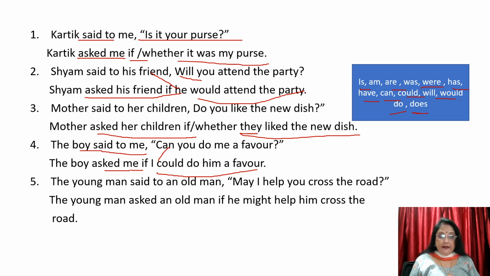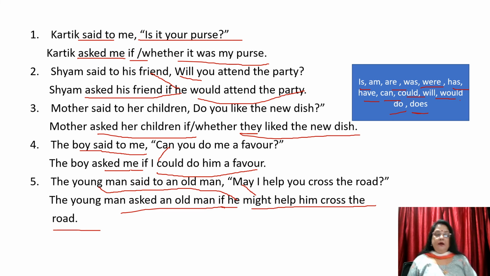The young man asked an old man if he, किसके लिए ये? Young man के लिए, isn't it? If he might, may will change into might. If he might help him cross the road.